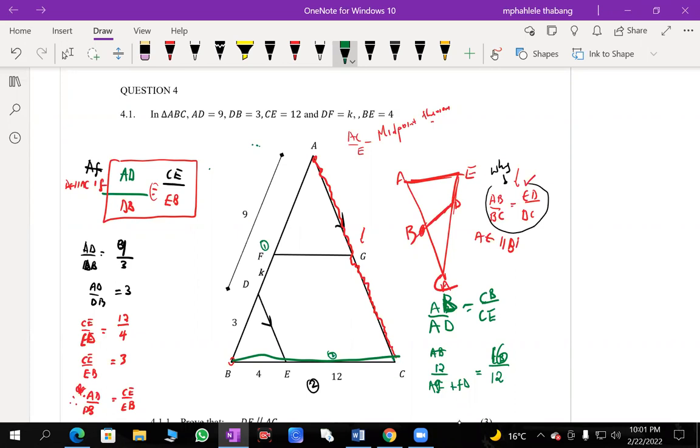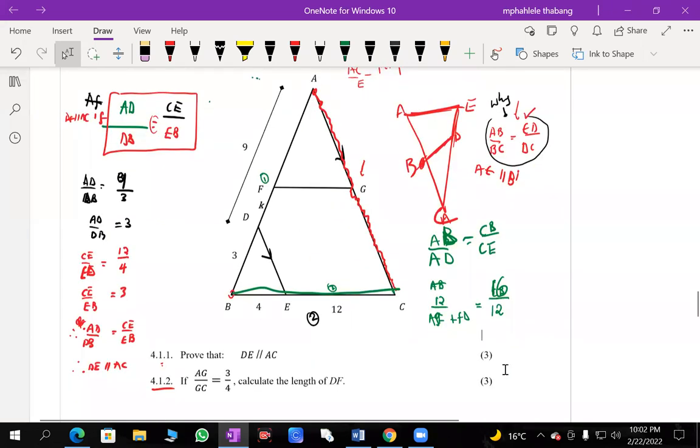Wait a minute. Let me look at something. Okay, AB over AD. I think something is wrong with the way I'm writing. Okay, it's fine. You can carry on. Up to this far, everything is still correct.